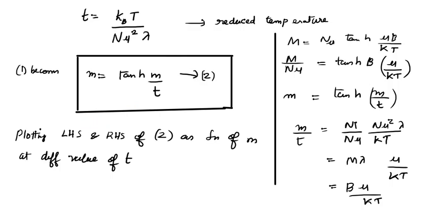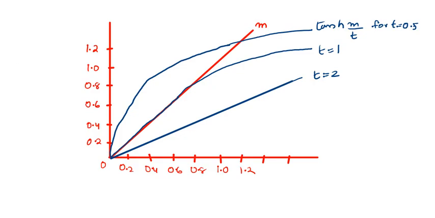Now, let us plot left hand side and right hand side as function of m at different values of reduced temperature t. This is the figure. Here, x-axis shows reduced magnetization and we are plotting left hand side and right hand side functions.